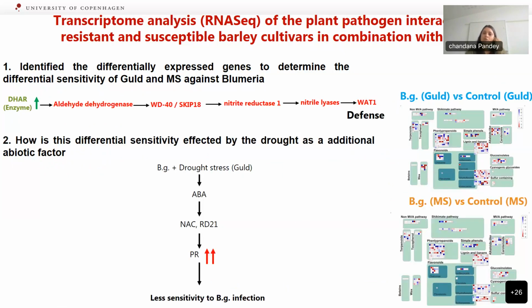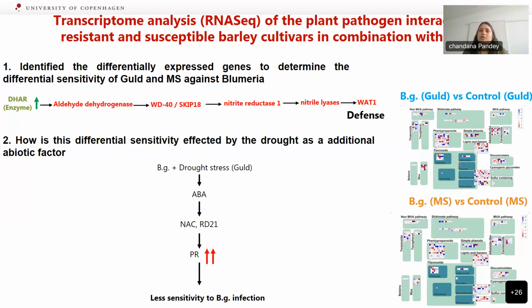And now we have also connected the transcriptome data to validate these pathways with the ABA, which I mentioned before, with the jasmonic acid, and also the interesting enzymes that we detected via the carbohydrate and antioxidant metabolism. We have performed transcriptome analysis of the Plumeria infected plant, the Plumeria plus drought infected plant, and also Pyrenophora terris.